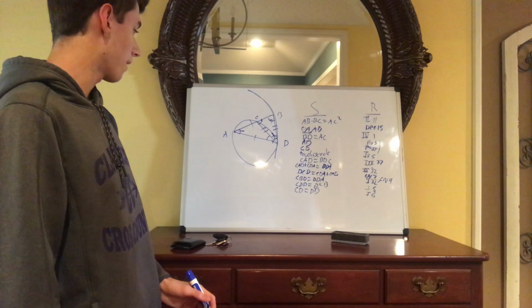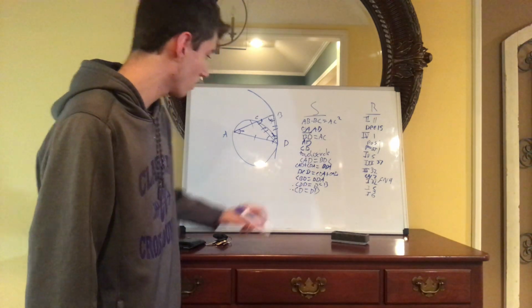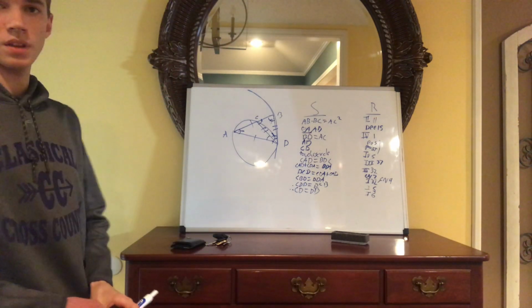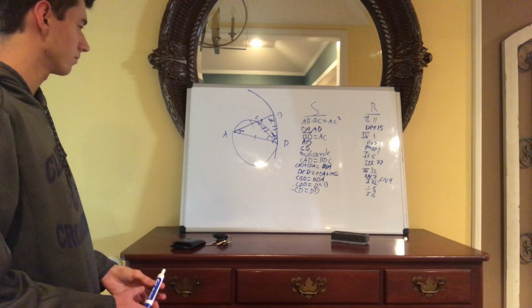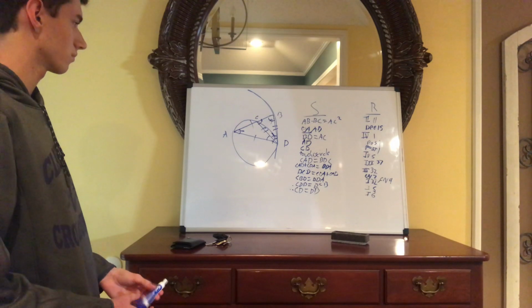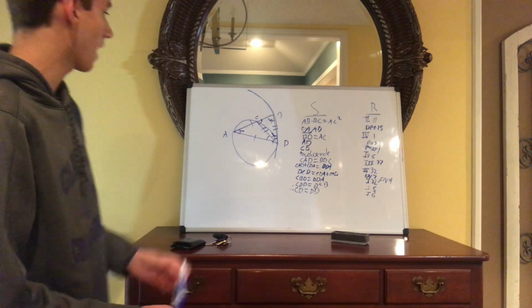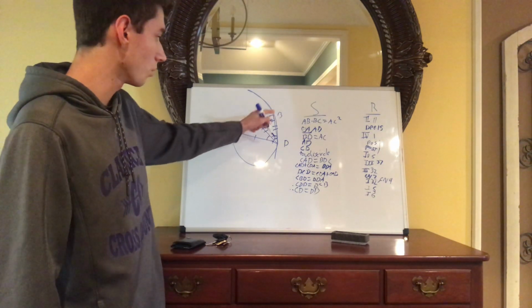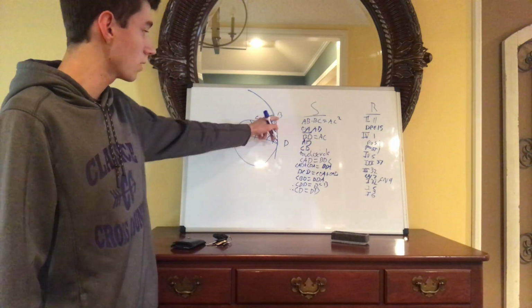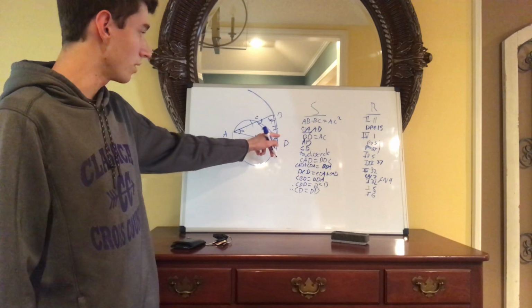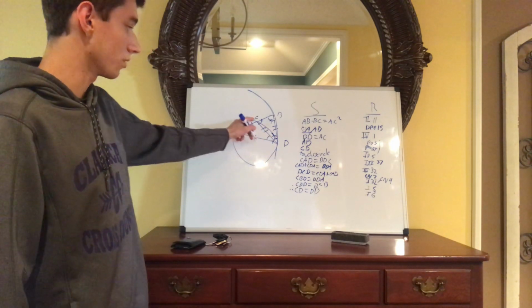And now that we've done that, we know that AC is equal to BD because we proved that earlier. And now that we know CD is equal to DB, we know that AC is also equal to CD.